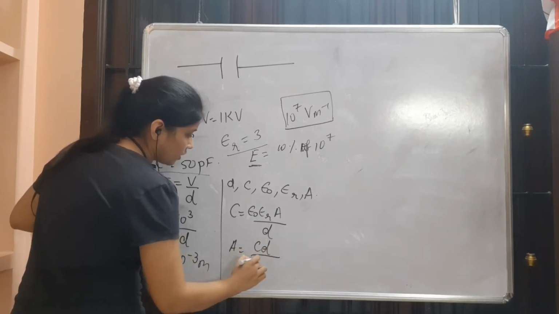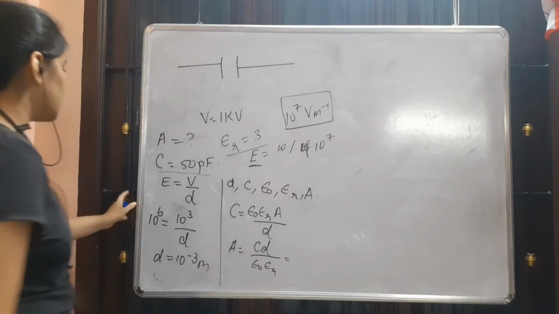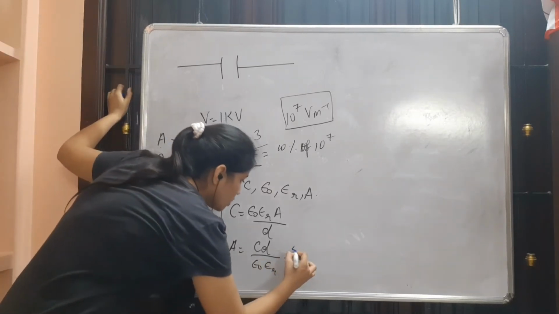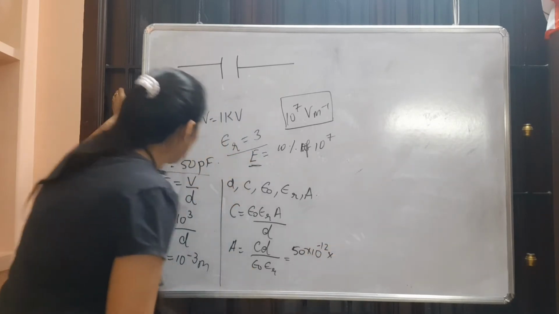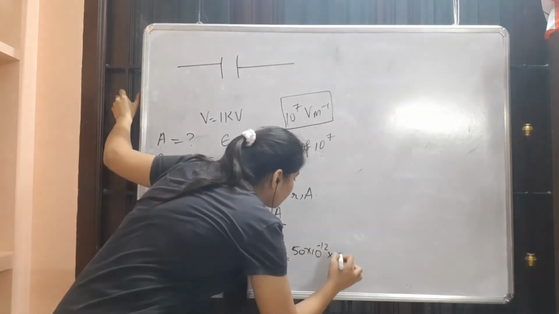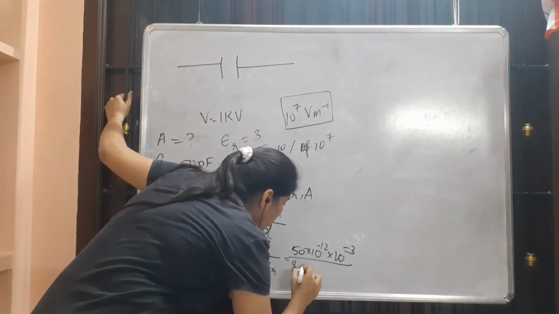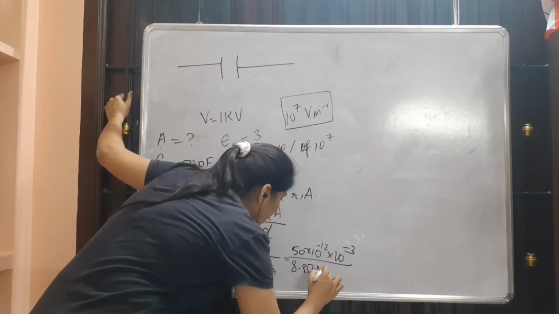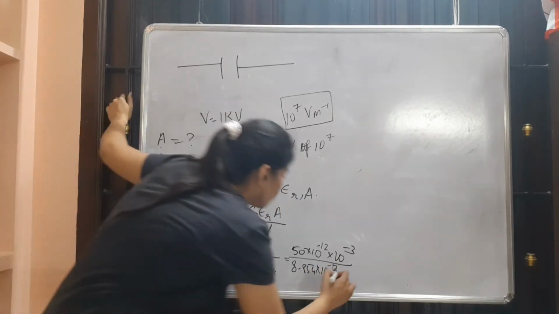C into D divided by epsilon naught, epsilon R. Capacitance C is 50 picofarad, so 50 into 10 power minus 12, into D which is 10 power minus 3, divided by epsilon naught 8.854 into 10 power minus 12 into 3.